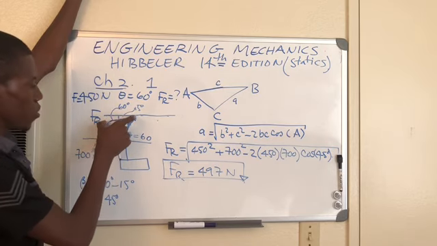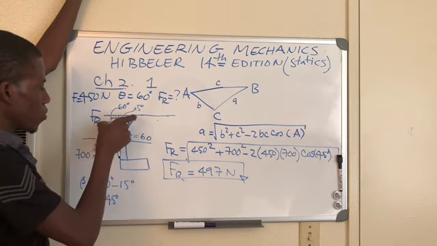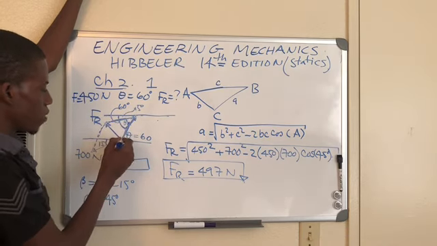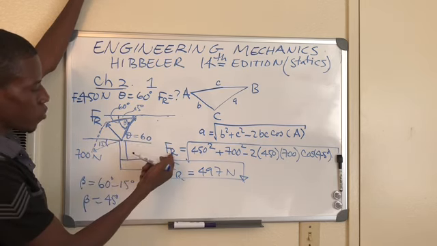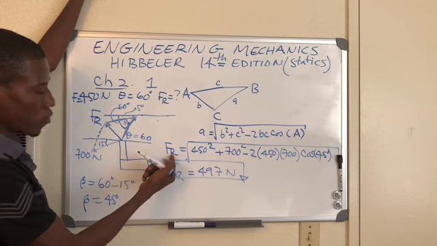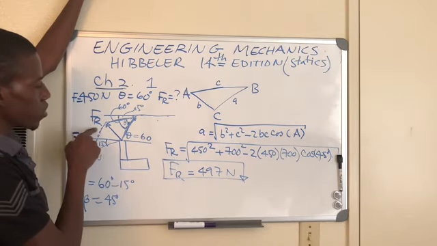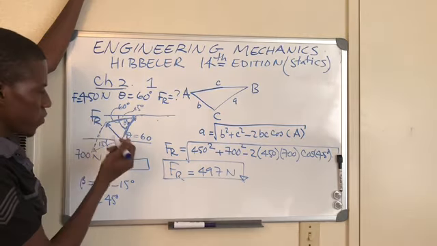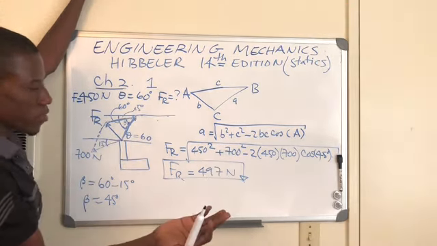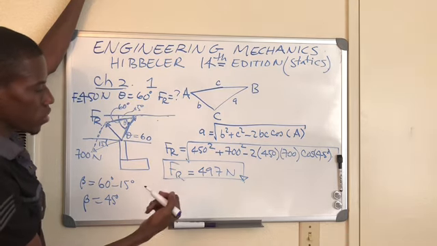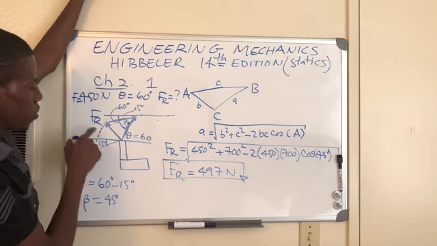That gives us this, so we just draw the parallelogram, where this is equal to that and this is equal to that. From this drawing, always use the law of cosines to find the resultant force. Even if the angle is 90 degrees, you use the law of cosines and you will still get the same answer. So just use the law of cosines and you will find the resultant force.